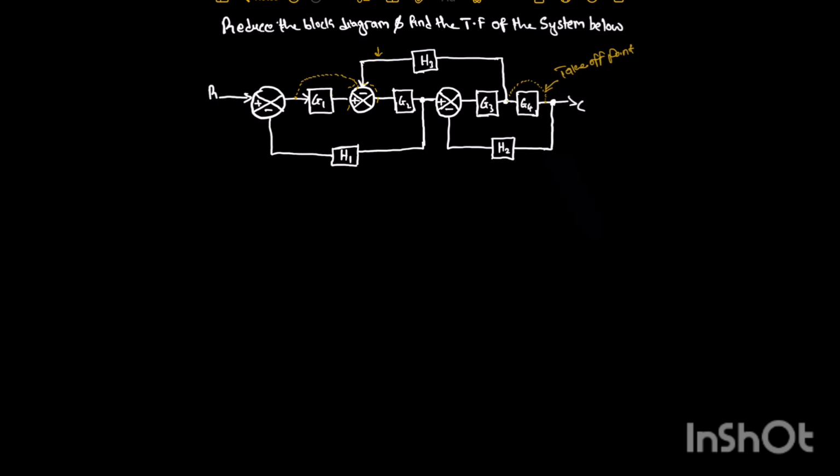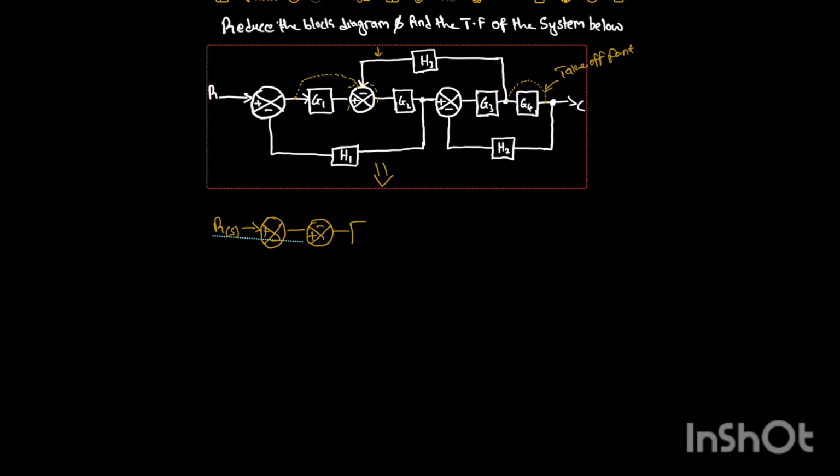So now let's perform it here. So we have arrow X. This is the summing point, plus minus. I'm moving this summing point towards this place, so I'll be having minus plus.